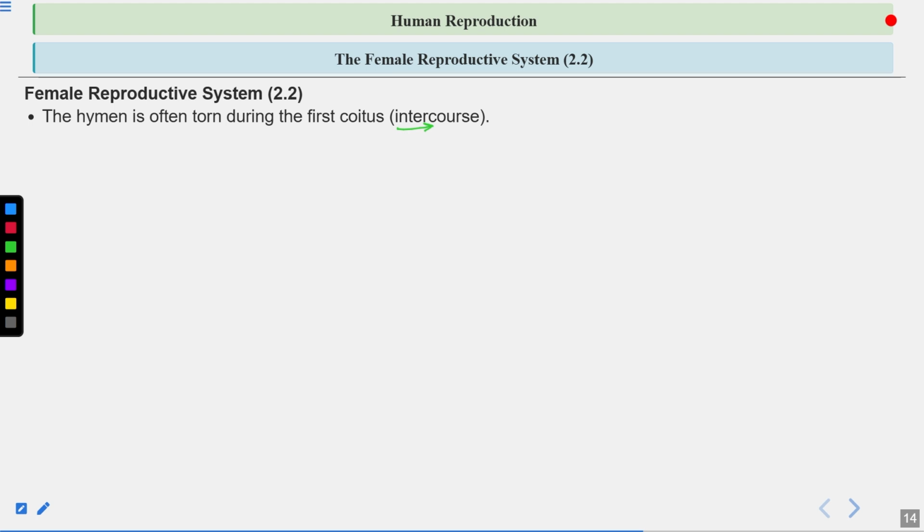But this is not always true, that the hymen is torn during the first coitus. The hymen can be broken due to other reasons also. What are these reasons? It can be a sudden jolt, or if a person falls, or due to cycling also, the hymen can break in case of females. Okay, clear.